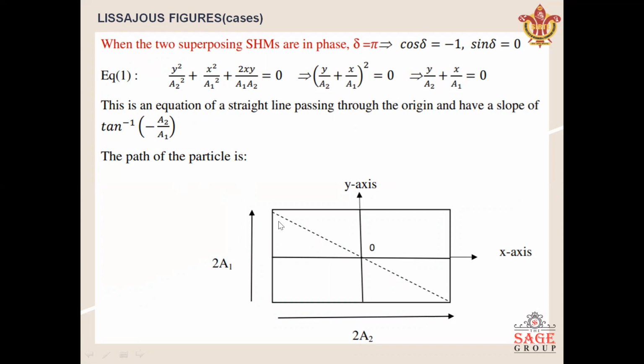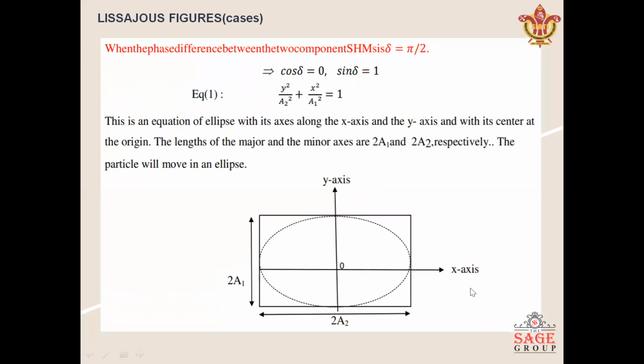Here again the values are varying from the same scenario, but the path of the particle is represented like this, and this straight line is passing again through the origin. Now while we are discussing the third case, when delta is equal to pi by 2, so cos delta is equal to 0 and sine delta is equal to 1, the equation will turn into this form, and this is the equation of an ellipse.